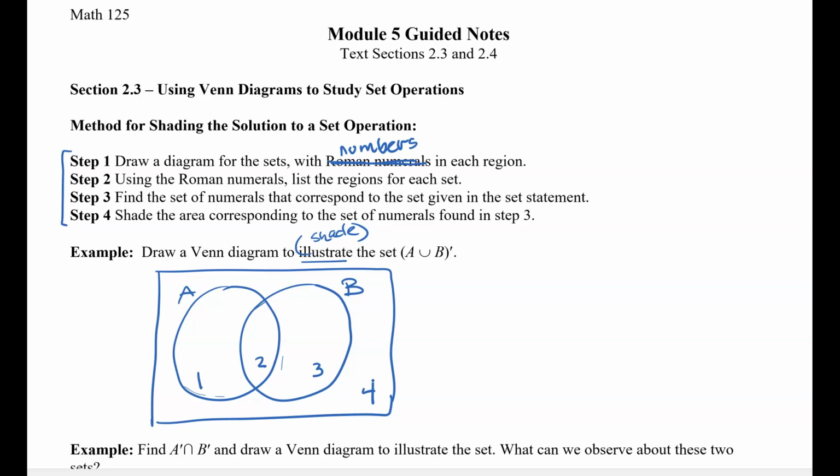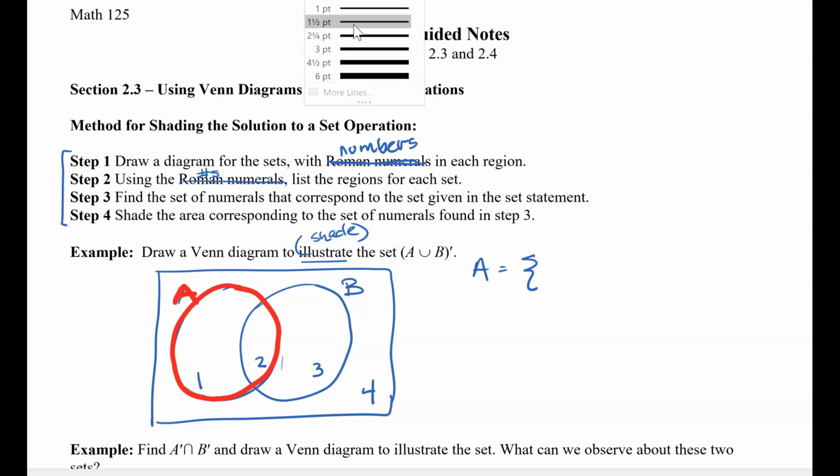So next I'm going to write down, so step 2, so instead of Roman numerals, I'm just going to use the numbers, list the regions for each set. So I'm going to start with A. So set A has numbers 1 and 2 in it. Let me use a different color here so we can clearly see. So this is A. Set A has numbers 1 and 2 inside of it.